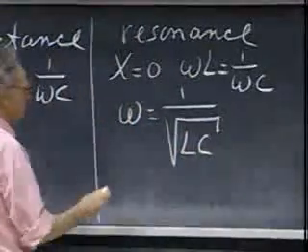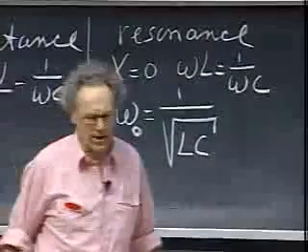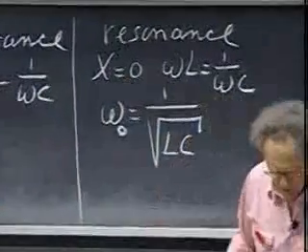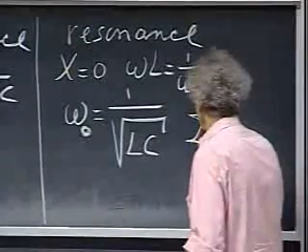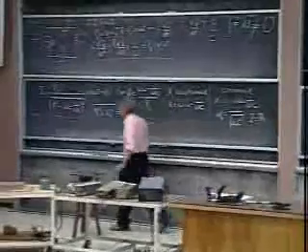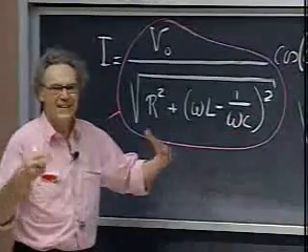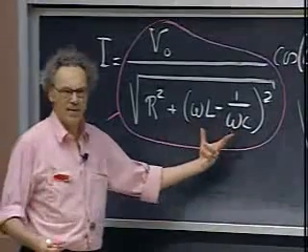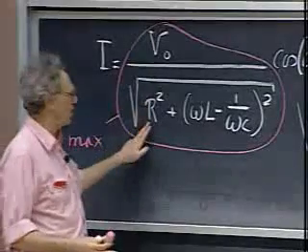And we call that the resonance frequency, and we often give a little subscript 0 there to remind you that you're dealing with the resonance frequency. And Z is then just R, because when x is 0, the omega L and the 1 over omega C eat each other up. They are not there anymore. And so the system behaves as if there were only a resistor.